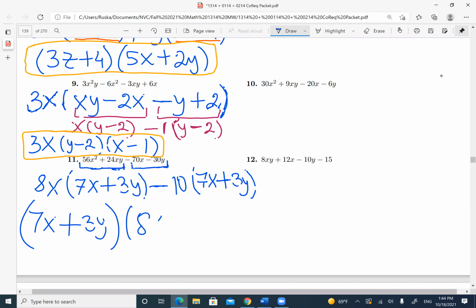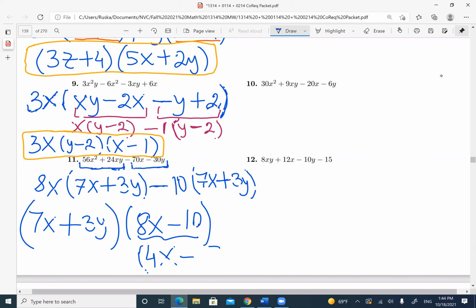And then 8x minus 10 is left. So looking at the numbers here, you can factor out 2, right? You can factor a little more because 8 and 10 are divisible by 2, right? So we're gonna pull out 2.